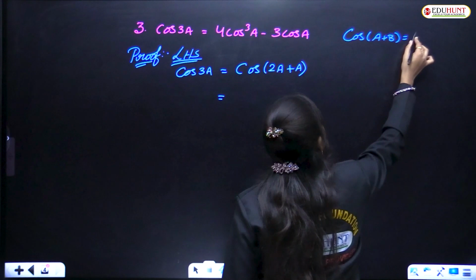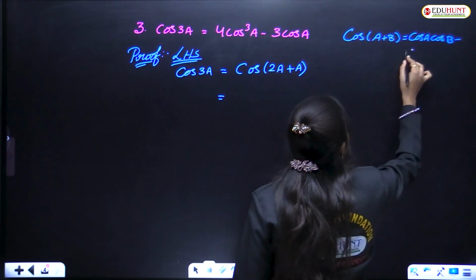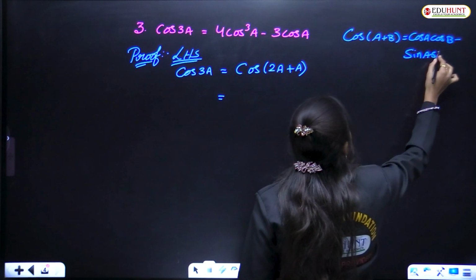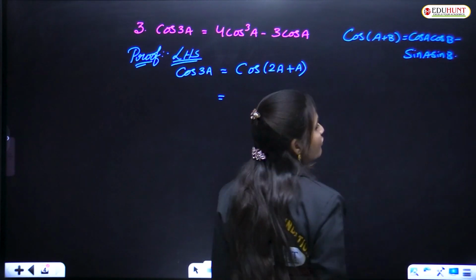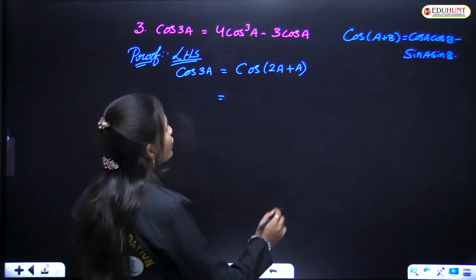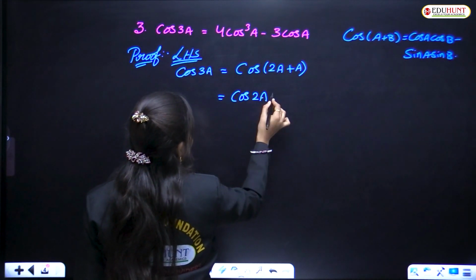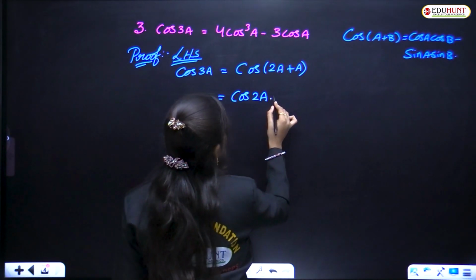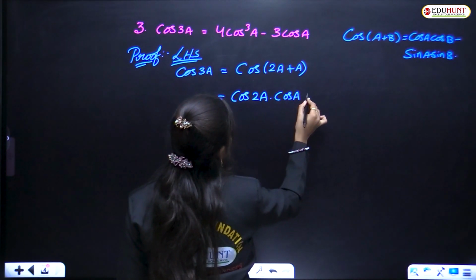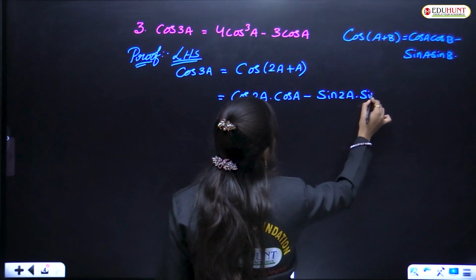Cos A cos B minus sin A sin B. Am I clear, children? Yes. So just apply that formula here. At the place of A we have 2A: cos 2A cos A minus sin 2A sin A.